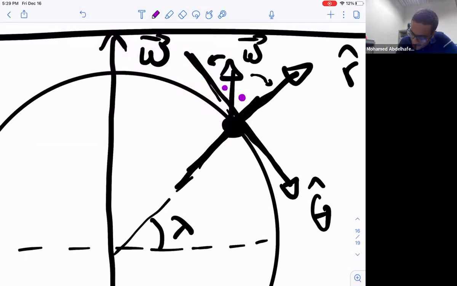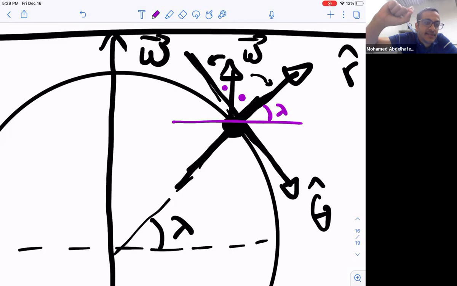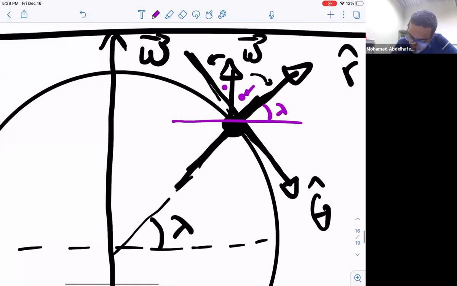So let's do a little exercise here. If this angle is lambda, this also is lambda, because lambda is between the horizontal and r hat. Agreed? If this is lambda, then the one right next to it is 90 minus lambda, because it's between horizontal and vertical.